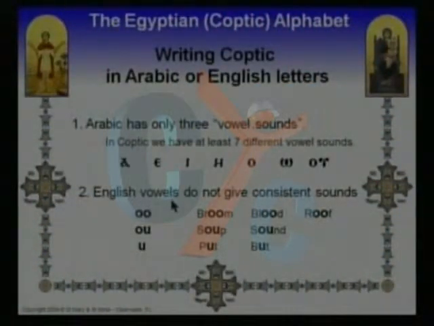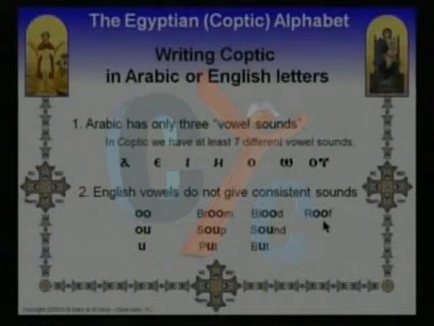How about the English? In English, the vowels don't give the same consistent sound. I'm just putting here some examples. For example, the 2 O's next to each other. They can pronounce U, like the word broom, but in the word blood, it is A, and there are 2 O's.